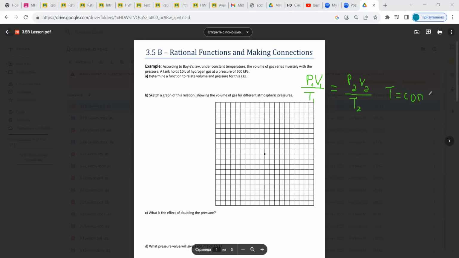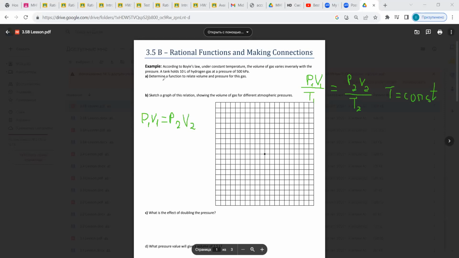So temperature does not change from the first state to the second one. So we can basically say that Boyle's law can be expressed in the following form: P1 V1 equals P2 V2, right?